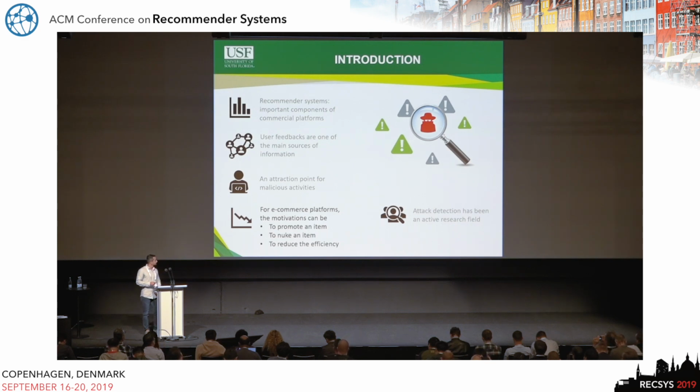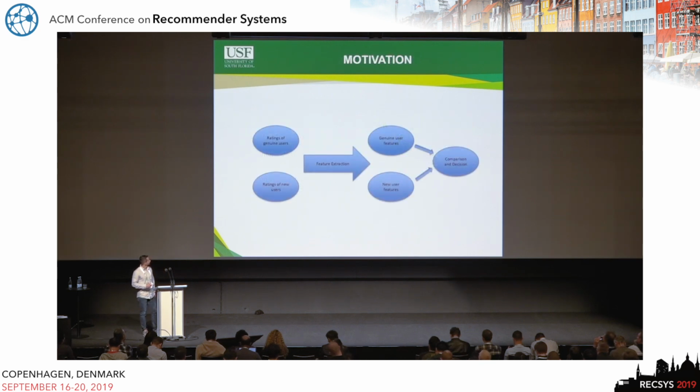In the last 2 decades, attack detection has been an active research field, and many attack types have been proposed, and many attack detection algorithms have been developed to mitigate this type of attack. In general, an unsupervised attack detection algorithm can follow the following procedure.